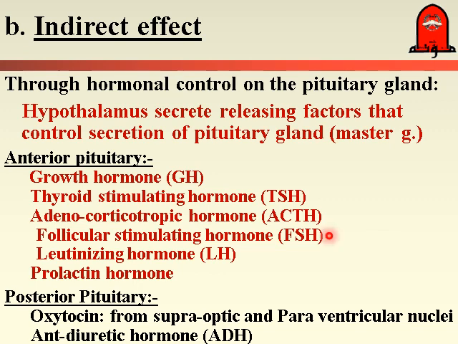Also, we have releasing factor for follicular stimulating hormone and luteinizing hormone, and these hormones are responsible for regulation of the genital system, and these will produce an increase in the formation of sperm, an increase in the secretion of the sex hormone, an increase in ovulation and formation of the ova, and an increase in the secretion of estrogen and progesterone in female. So these will regulate the activity of the genital system and so on.